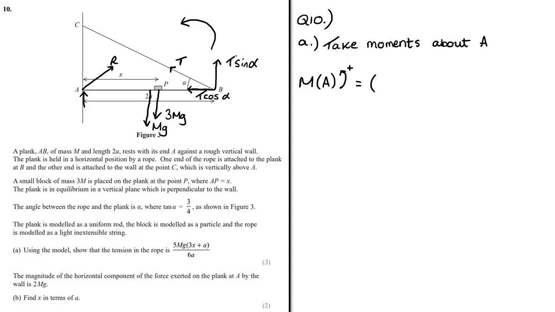So in that case, this would be positive. So it's going to be T sine alpha times by the full length, which is 2A. So T sine alpha times 2A. Okay, so that's the first force there. The T cosine alpha we don't need to include. So we move on to the next force here.